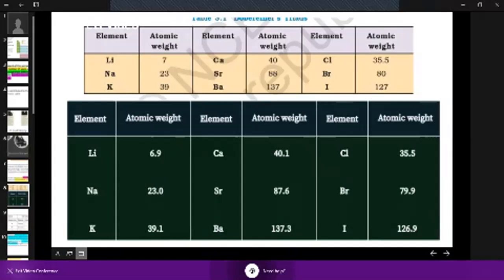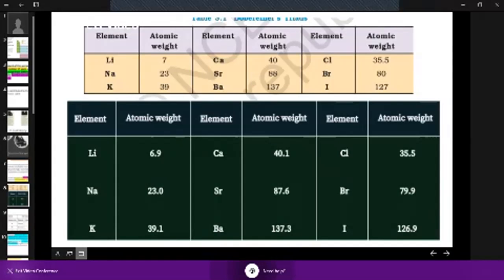So 6.9 plus 39.1, what do you get? This is 46. 46 divided by 2, you get 23. So this is a triad.